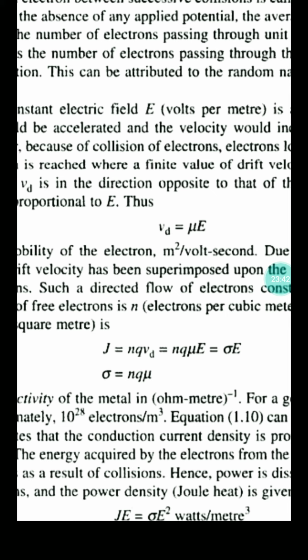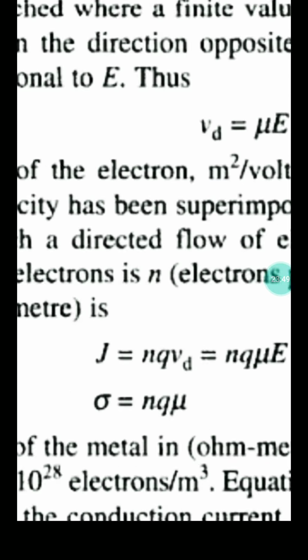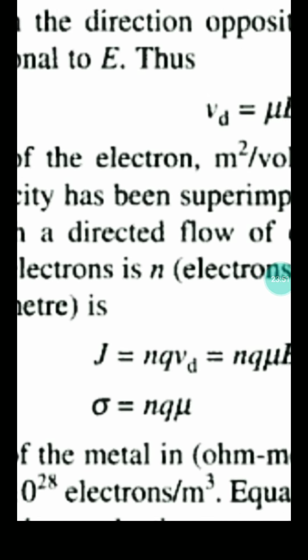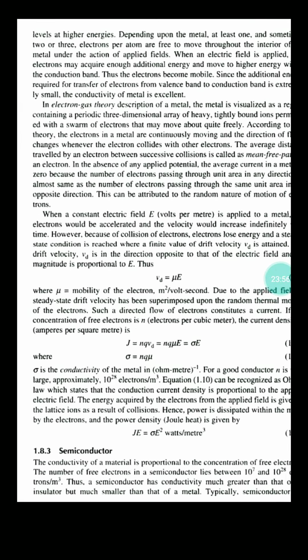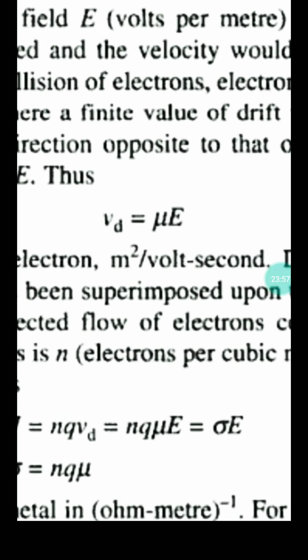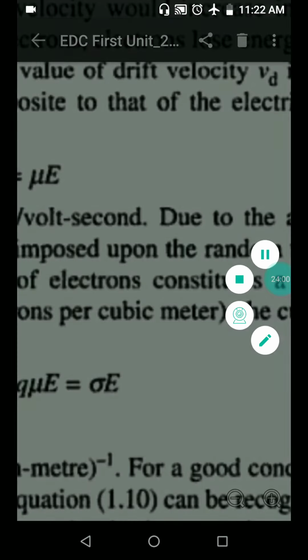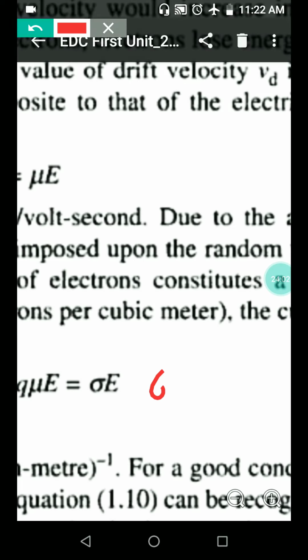Now coming to the definition: the degree to which a specified material conducts electricity is calculated using J equal to sigma E bar. See here, current density J is equal to sigma E bar. So sigma equal to J by E bar.